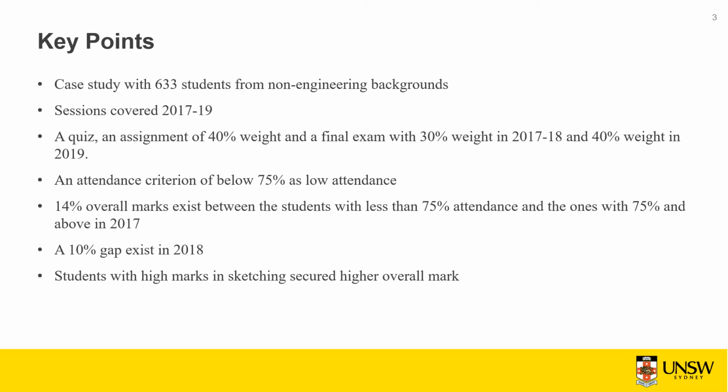Similarly, in 2018, a gap of 10% marks was observed for the students who attended the classes more regularly as compared to those who were less regular. Also, the students with higher marks in sketching or their sketches in their papers, they secured higher overall marks as compared to the students with poor sketching abilities.